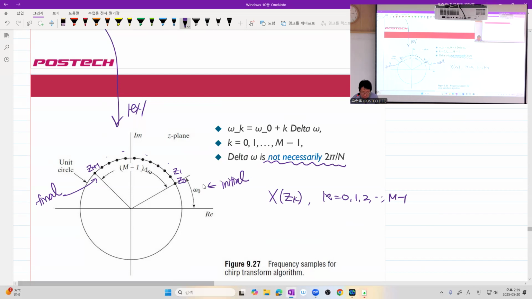And the starting point is this one. So we initially have the starting angle, omega sub 0. This is omega sub 0. And from that, we have uniform delta omega spacing. Got it?